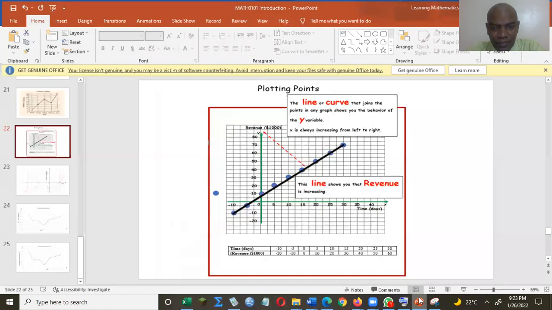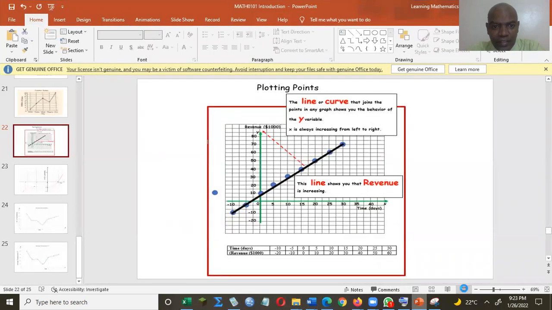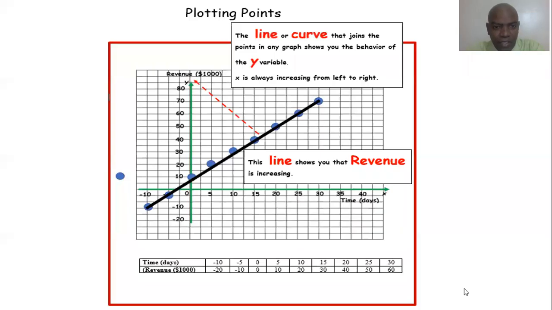So take, for instance, a graph that is already made, and you watch it. Just look at the line and look at the y variable. Here it is revenue.